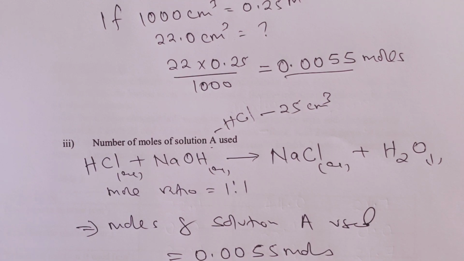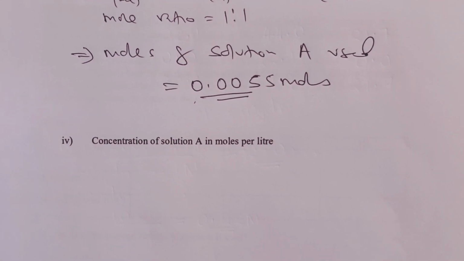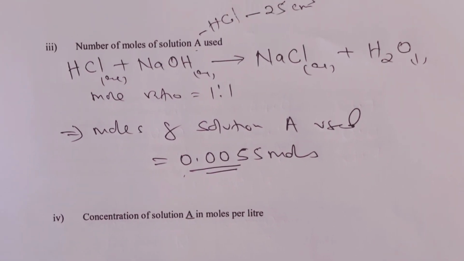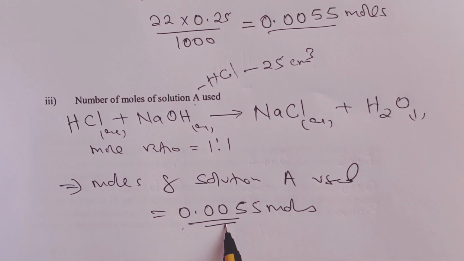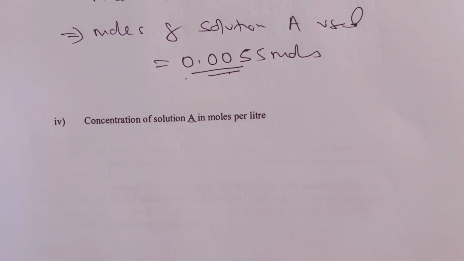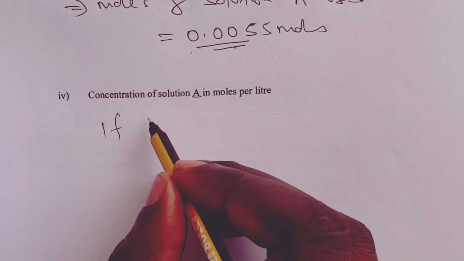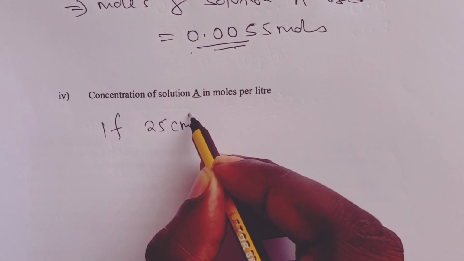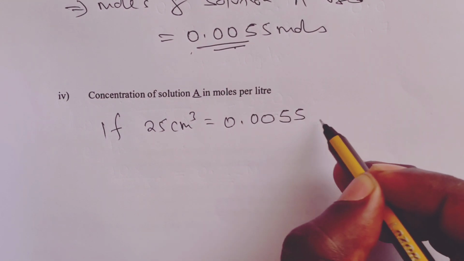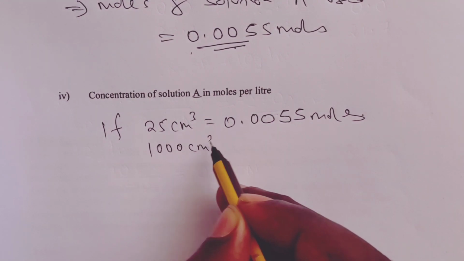moles. Before moving to procedure 2, we were asked to calculate the concentration of our hydrochloric acid in moles per liter. So this number of moles that we have just calculated were present in 25 cubic centimeters. To get moles per liter, our argument would be so easy: if 25 cubic centimeters is able to contain 0.0055 moles, how about a liter of solution?